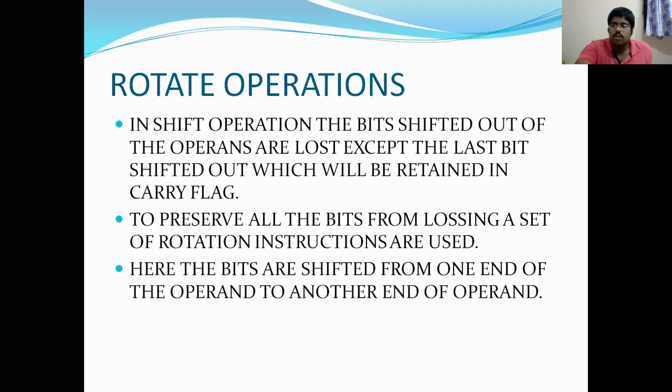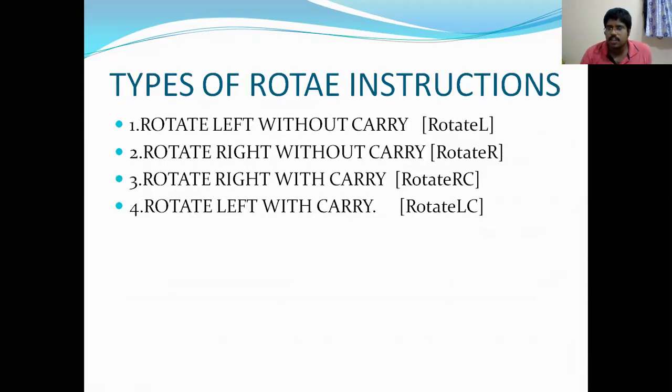There are 4 types of rotate operations. The first one is rotate left without carry. Here, with carry and without carry are the two variants. So rotate left without carry, rotate right without carry, rotate right with carry or through carry, and rotate left with carry.